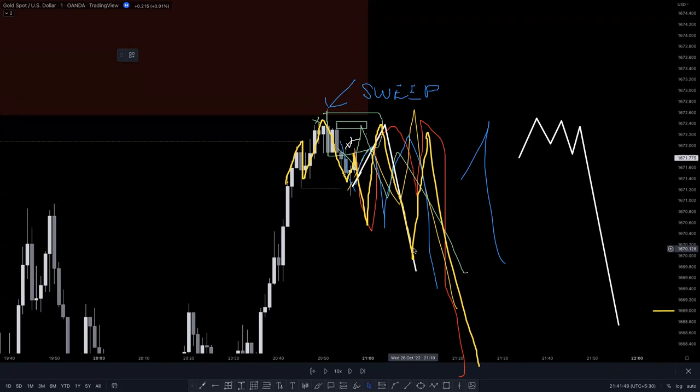Remember one thing: when price sweeps the major high or low, sweeps the inducement or taps the POI, we have to wait. Simply follow the rule.